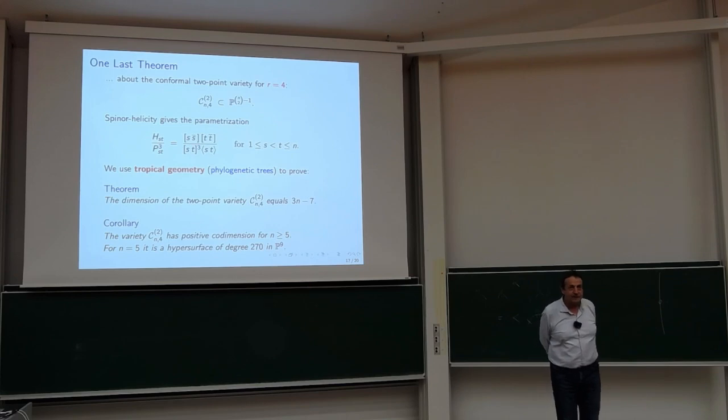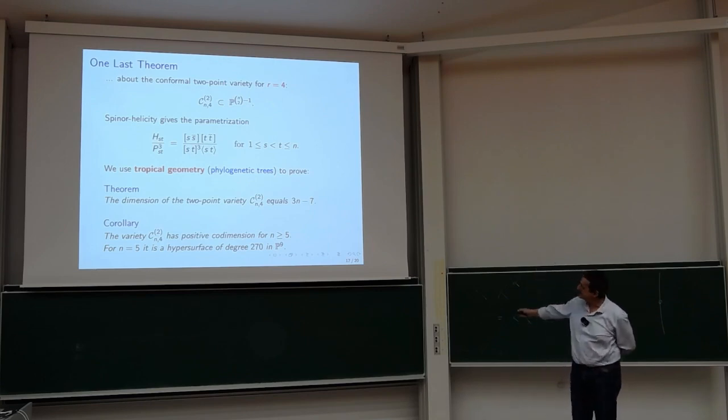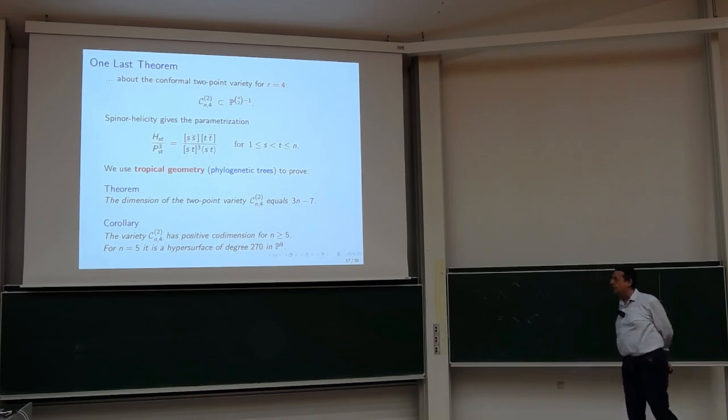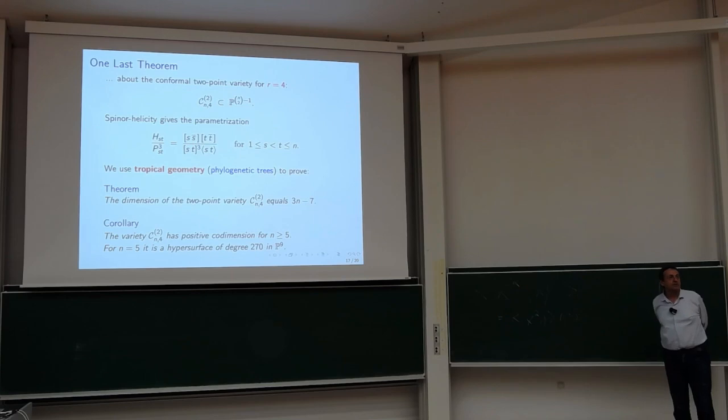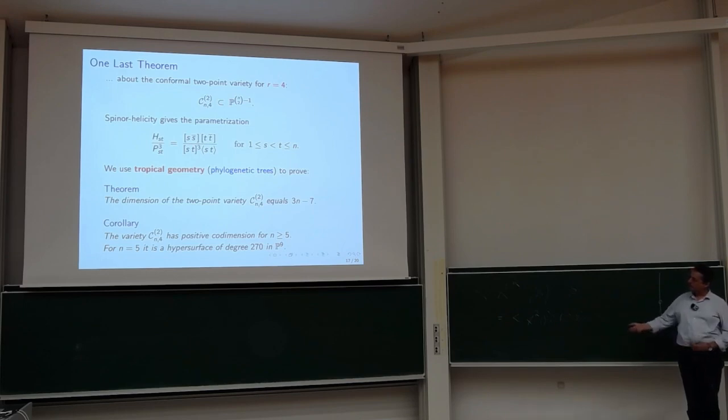In a 9-dimensional projective space, I have 5 fields, and I can measure any pair, so 10 measurements. In a 9-dimensional projective space, it's dimension 8, so it's a hypersurface. It's cut out by a single polynomial, and this polynomial has degree 270. So the combinatorial analysis that comes from these phylogenetic trees also lets us do these kinds of computations.